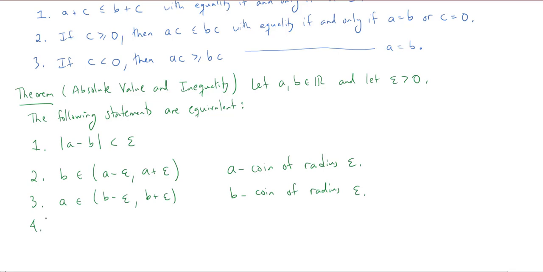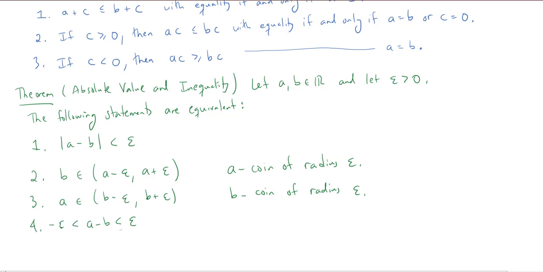And the fourth equivalent statement is that if I look at A minus B, this distance is no bigger than epsilon, and it's at least as big as negative epsilon. When I was in high school, I think this is how they actually taught us to interpret an absolute value written in this form: if you had some difference less than some number, you broke it up as two inequalities.